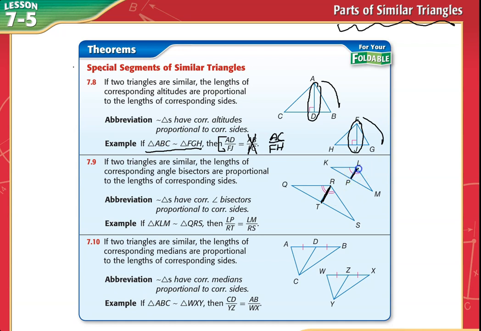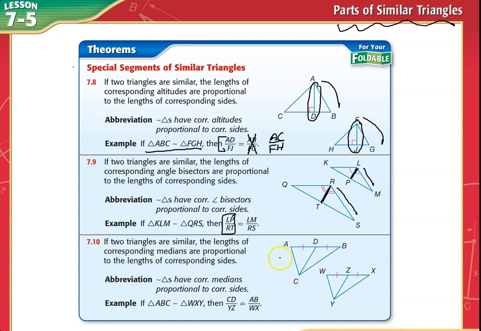LP divided by RT is going to be equal to the ratio of corresponding sides of the similar triangles, LM compared to RS. The difference for this one is that this is actually bisecting the angle.